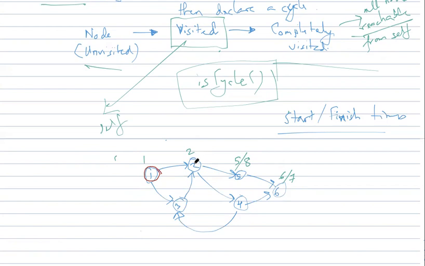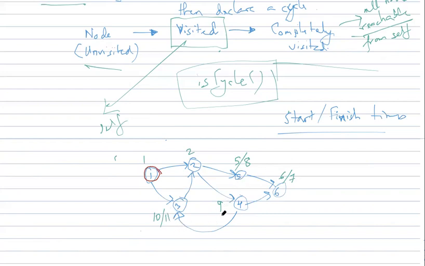From 2, it can visit 4. So from 2, the timestamp increases from 8 to 9. So it visited 4 at 9. Then it visits 3 at 10. From 3, all the nodes are already visited, so it completes at the 11th time.